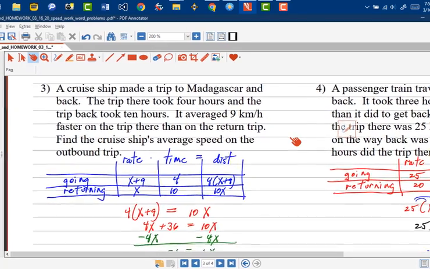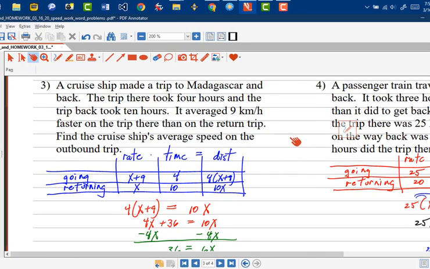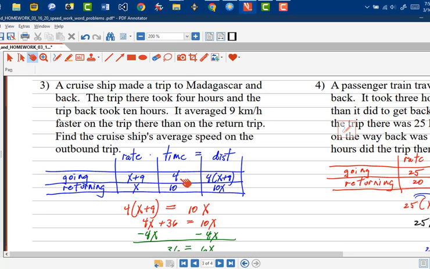So we have another cruise ship, heaven help them, and it takes 4 hours going and 10 hours returning. And going, the speed is 9 kilometers an hour faster than returning. So if you make returning your variable x, then the rate going would be x plus 9. So then I multiply straight across and I get 4 times x plus 9 is the distance for the outbound trip, and the inbound trip would be 10 times x, or 10x.